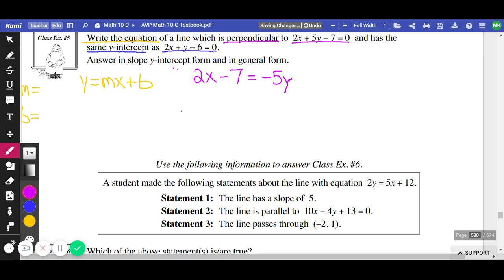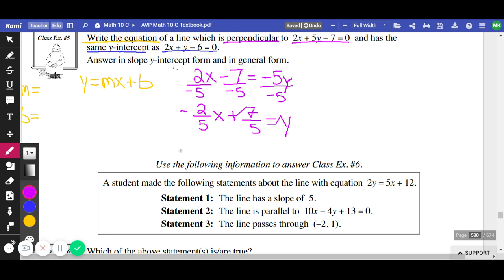I just have to get this negative 5 away, so I divide both sides by negative 5. That gives me my new equation of negative 2 over 5 x plus 7 over 5 equals y.